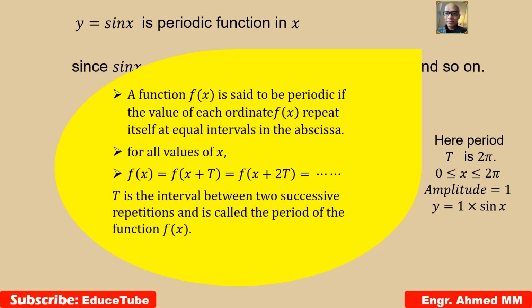Today I will discuss periodic functions and Fourier series. A function f(x) is said to be periodic if the value of each ordinate, f(x), repeats itself at equal intervals in the abscissa.